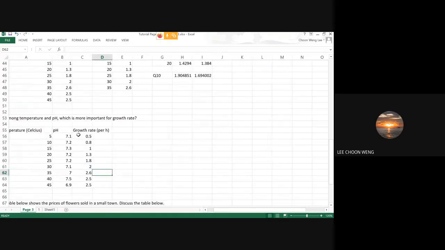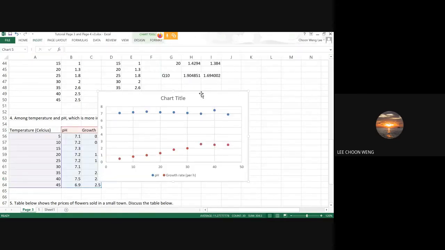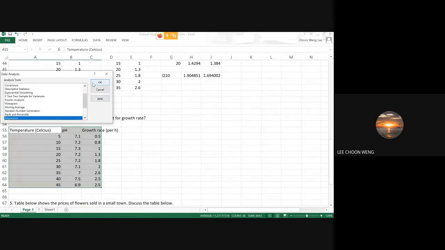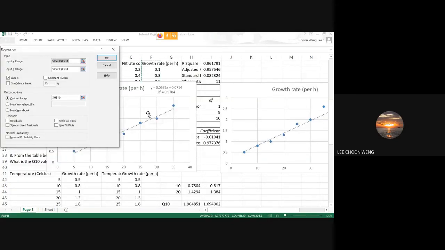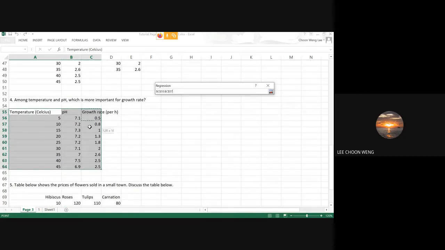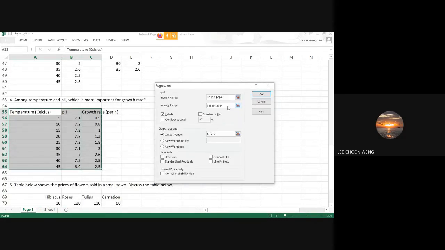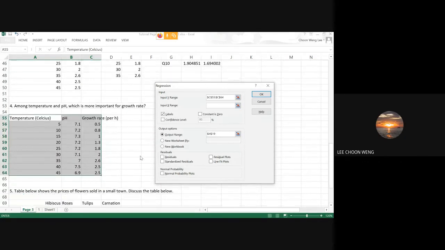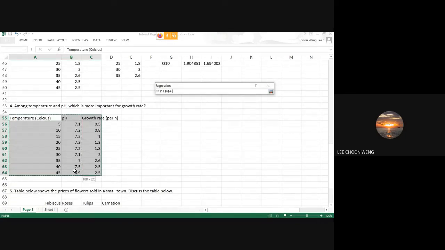What you can do is a linear regression also. Your y will be your growth rate. For your x, it will be both temperature and pH.